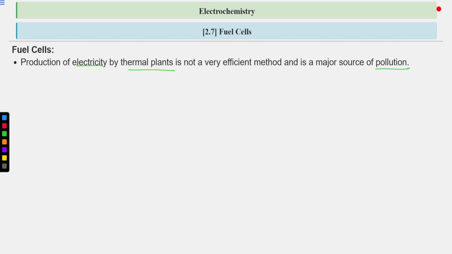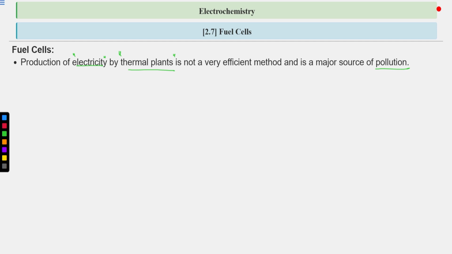So basically, if you see the production of electricity, that means how we produce the electricity in the thermal plants. Thermal plants are big industrial plants in which the electricity is made, and the production of the electricity is carried on for the larger supply to the larger area.